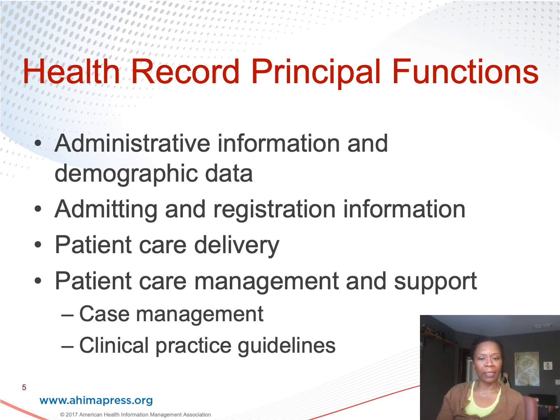So they often collect this information from the patient once they arrive or before they arrive to the actual healthcare environment. Admitting and registration information: the patient access or registration staff collect these details about the patient and information about the patient's health insurance coverage at the time they are admitted to the hospital.